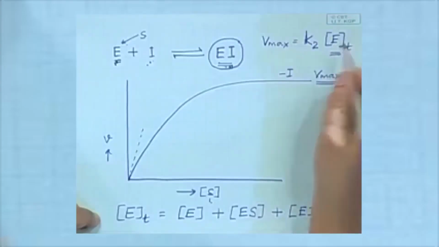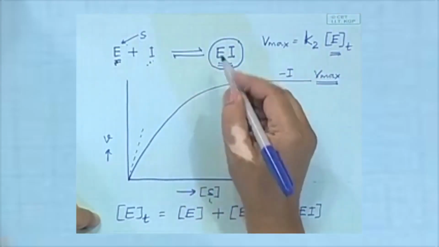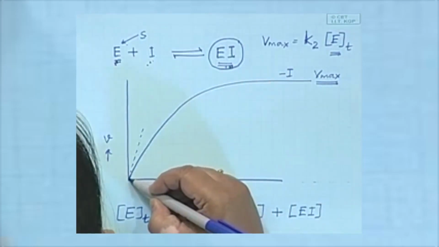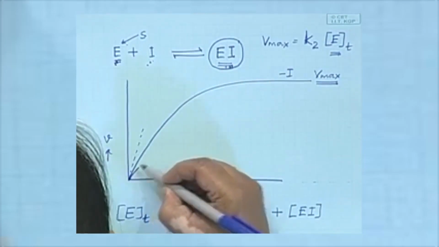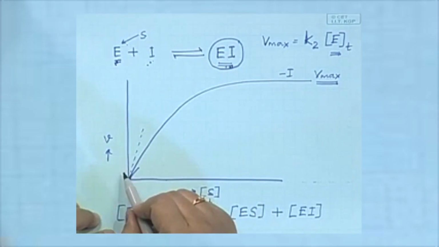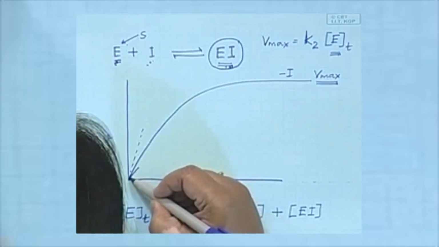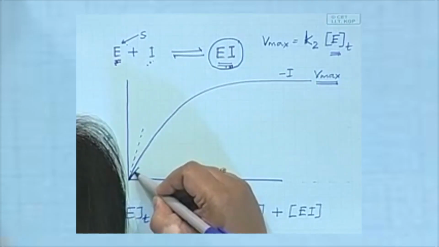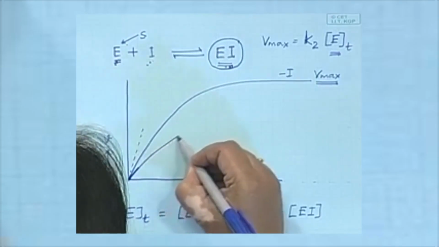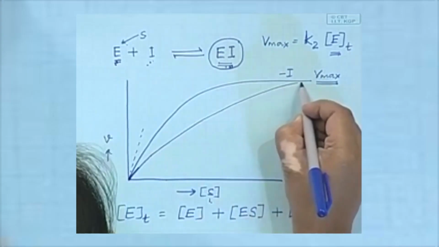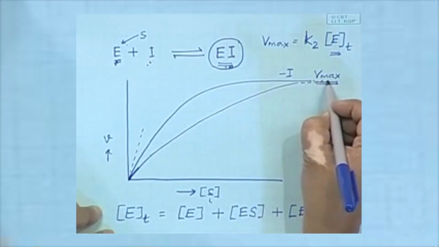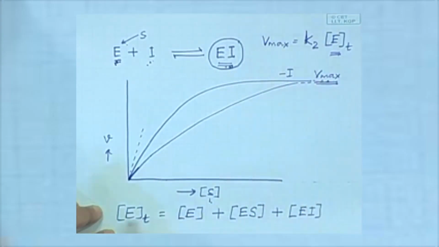Part of the enzyme is going to the enzyme inhibitor complex, so the curve is going to be flatter because my velocity is decreased. But it is eventually going to reach Vmax, because the total enzyme is the same.